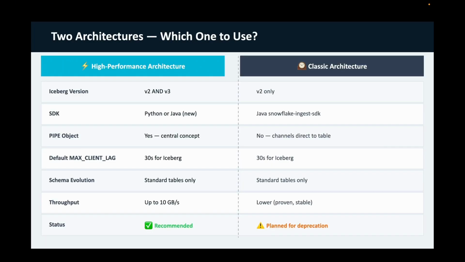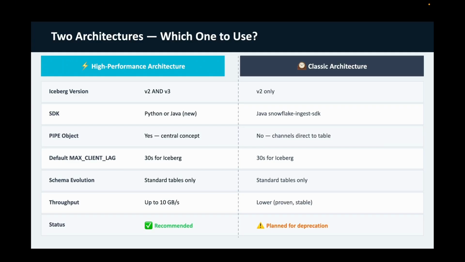What are the two architectures and which one to use? The latest release of Snowpipe streaming is the high performance architecture. The older one is called classic architecture. When it comes to features, the latest one supports both V2 and V3, and it also supports Python and Java.